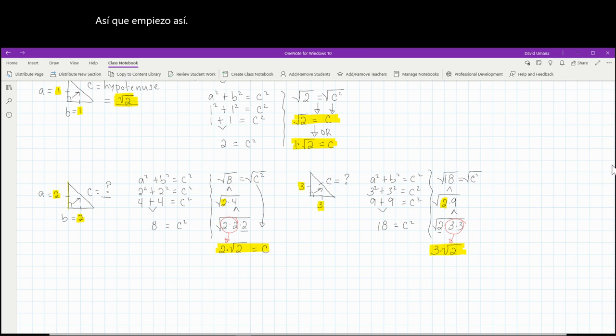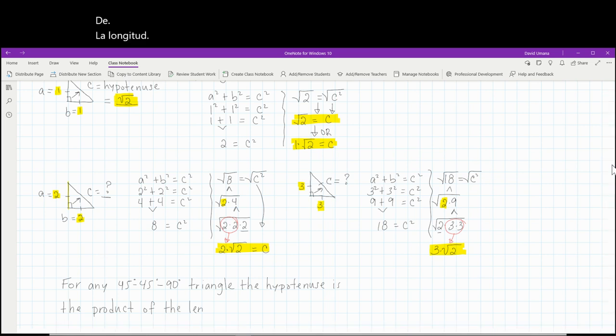For any 45, 45, 90-degree triangle, the hypotenuse is the product of the length of one side and square root of 2.